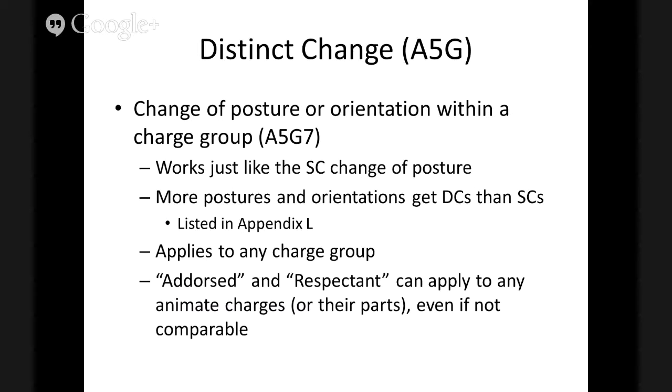Change of posture or orientation. Again, it works just like the substantial change, but you have a lot more postures that are permitted, and they're listed in Appendix L. Okay. It applies to any charge group, and things like addorsed and respectant can apply to any animate charges, even if they're not comparable. And that's important.